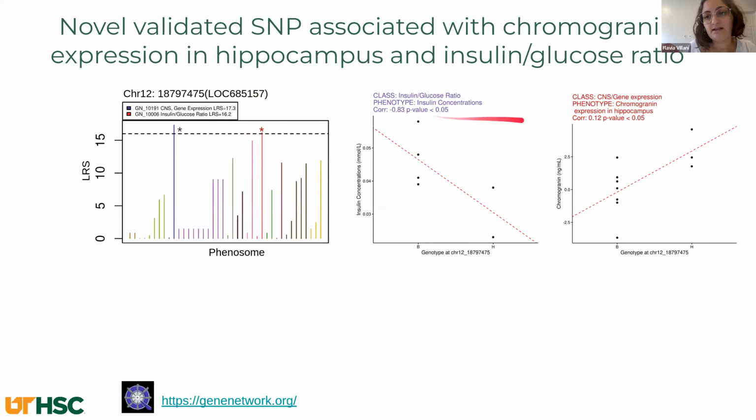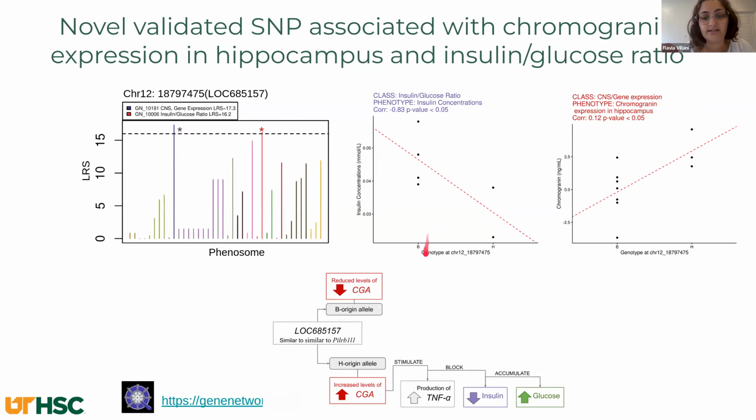When I saw this, I was a little upset because obviously we expected a relationship between these variants and two similar phenotypes. But then in the literature, I found something interesting. It seems that rats that have the H allele have a higher expression of chromogranin, and a lower blood insulin concentration.